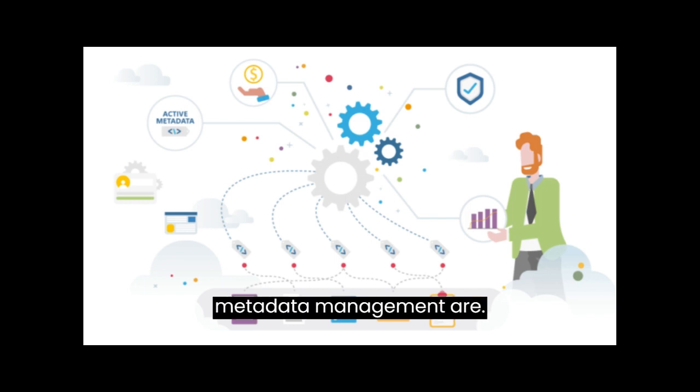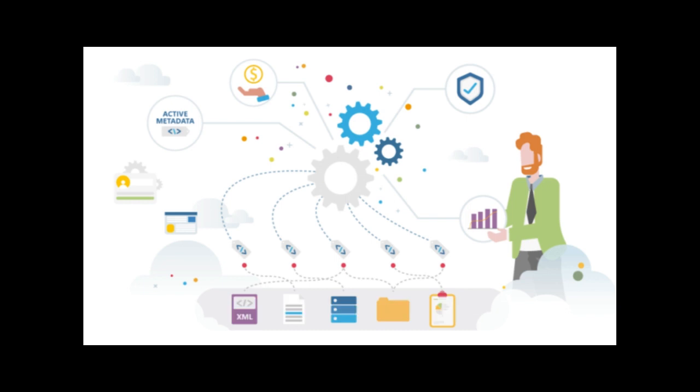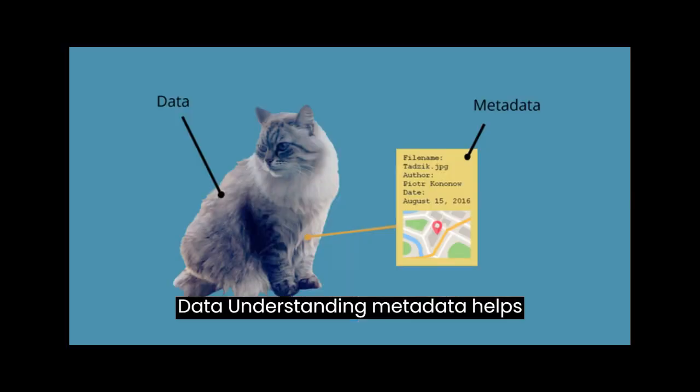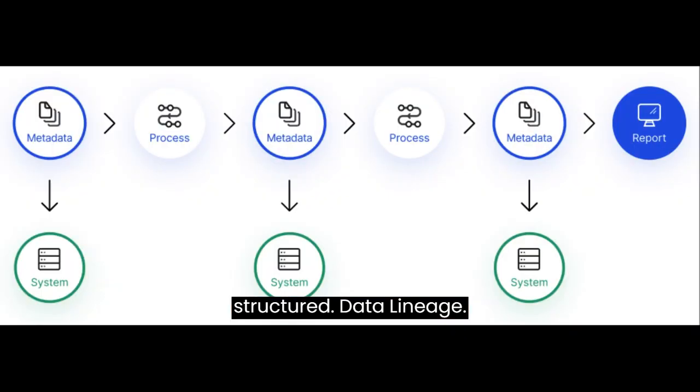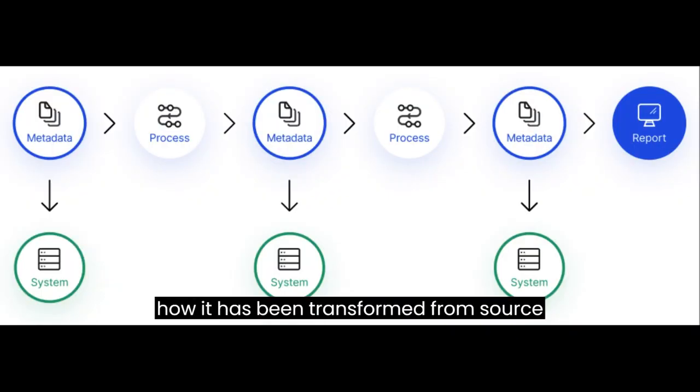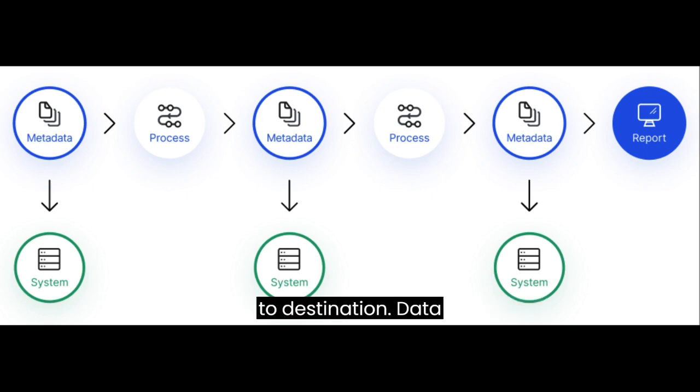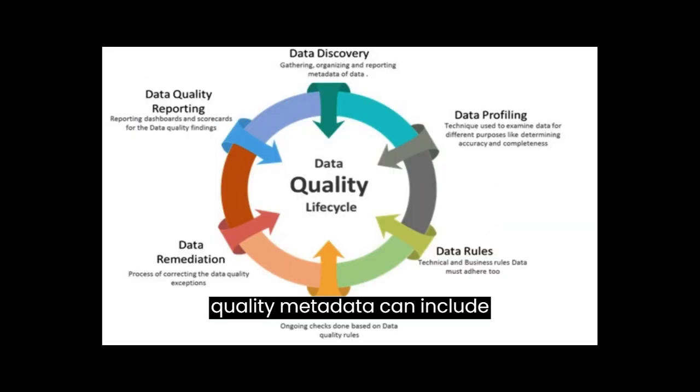The goals of metadata management are: data understanding. Metadata helps users understand what the data means, where it comes from, and how it's structured. Data lineage. It tracks the history of data, showing how it has been transformed from source to destination. Data quality.